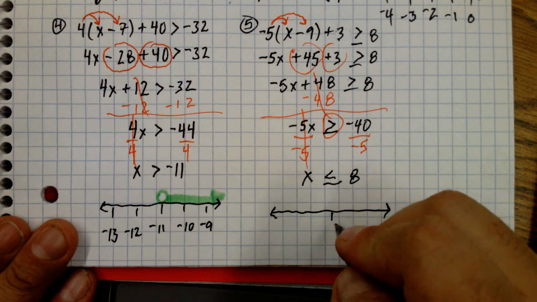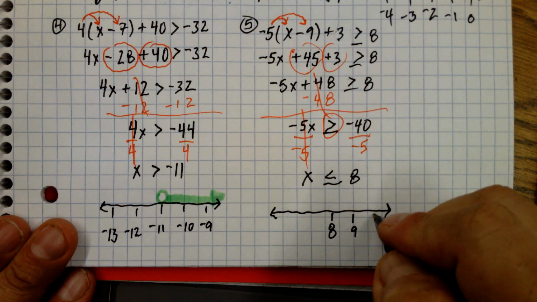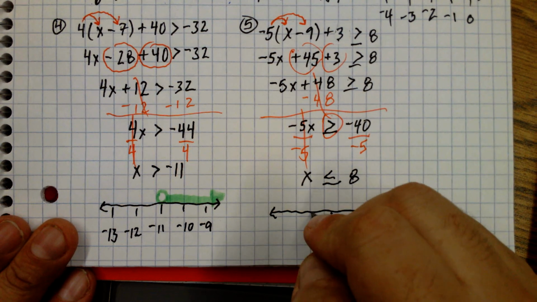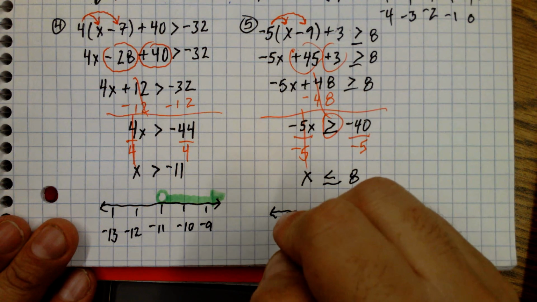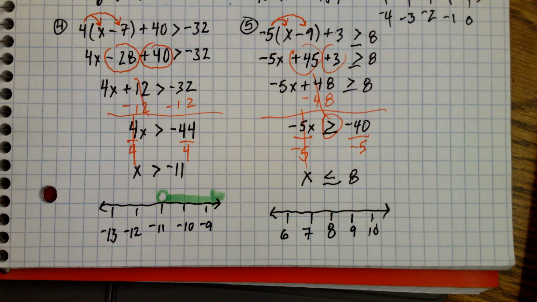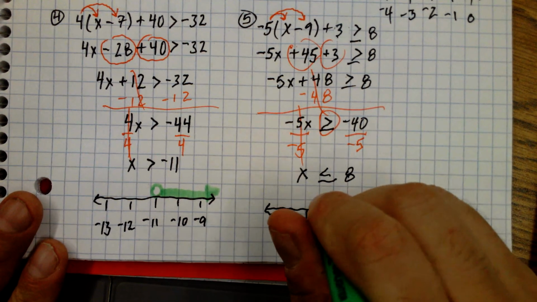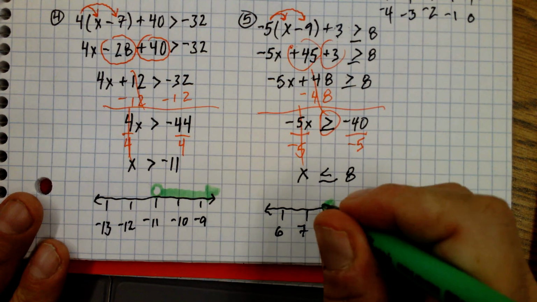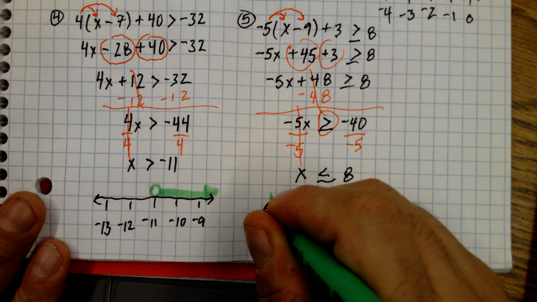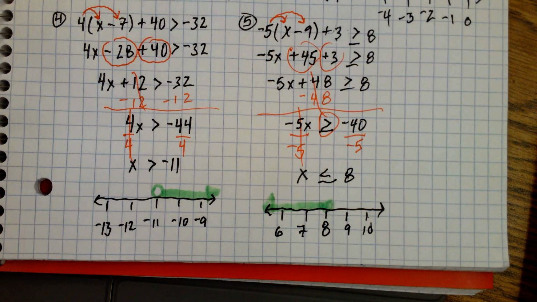So we want numbers in and around 8 to demonstrate where the solution is. And this time we do include 8. With all real numbers 8 or greater.